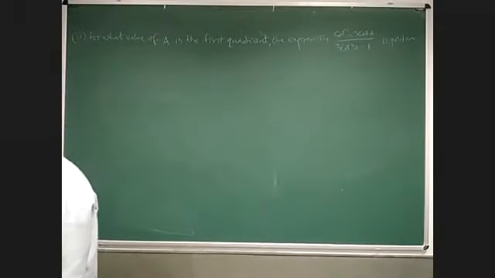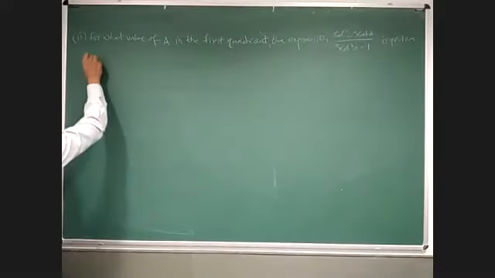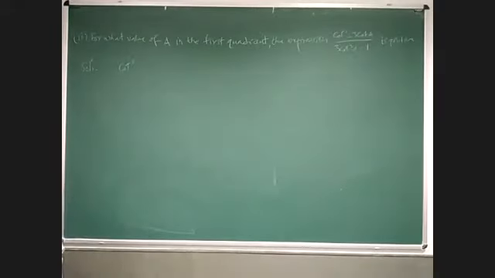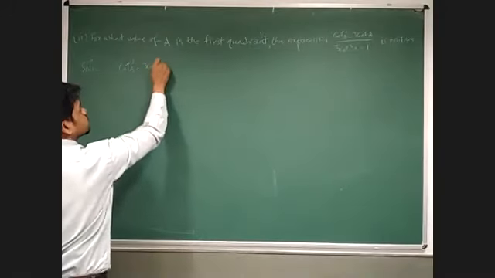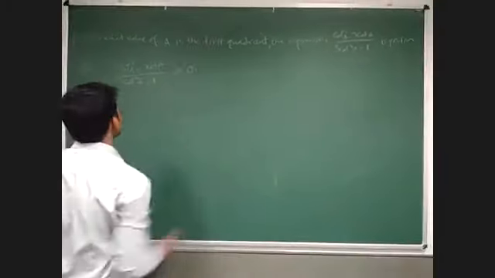Here we have to tell which value of a makes this expression positive. So let's assume our expression, cot cube a minus 3 cot a over 3 cot square a minus 1, is greater than 0.